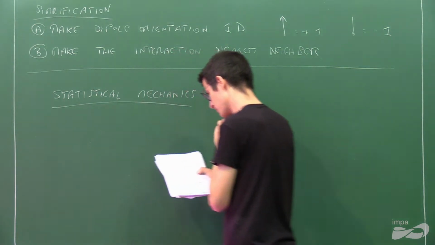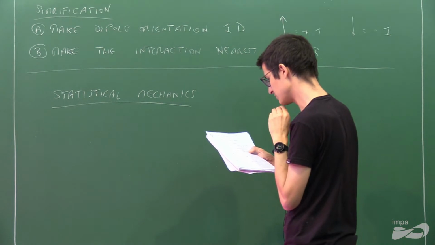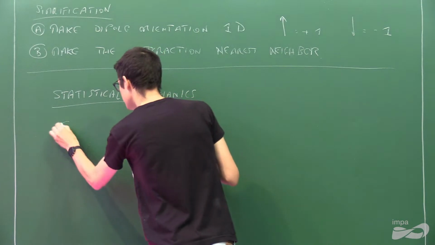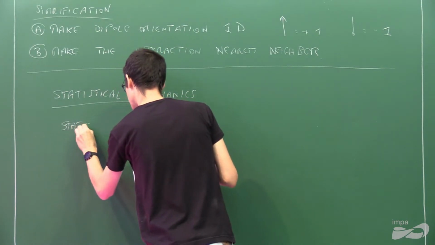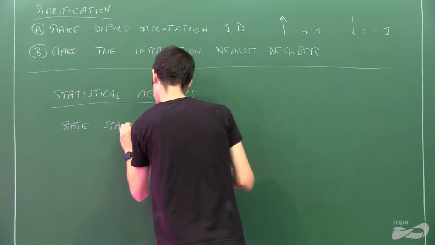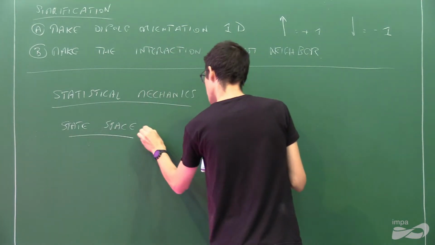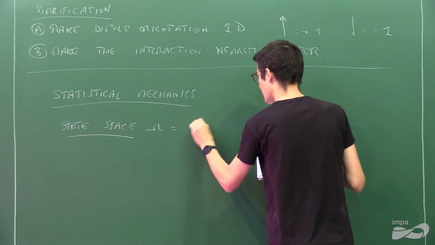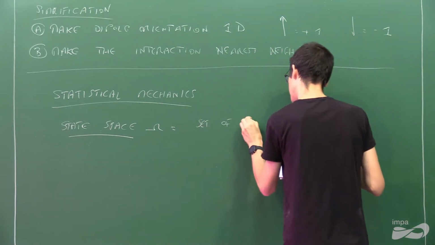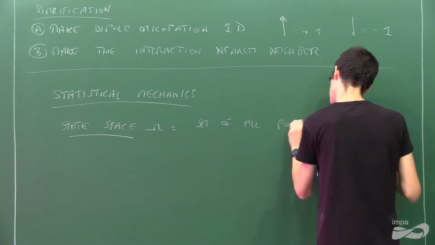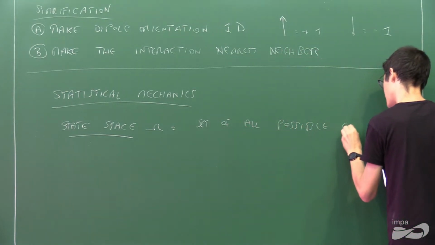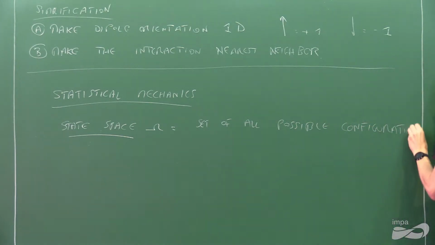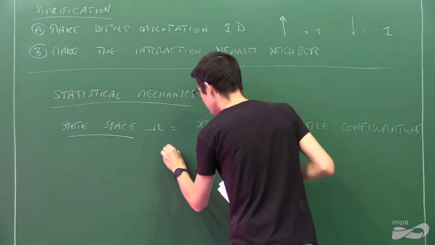So first thing we are going to do is to define a state space, omega. And this is the set of all possible configurations of our system.